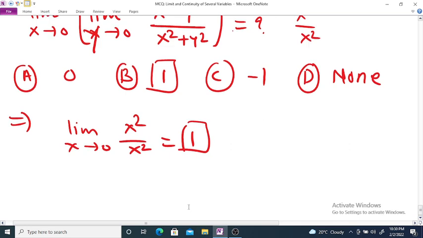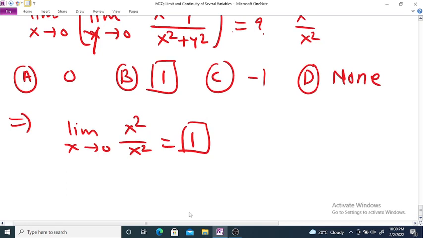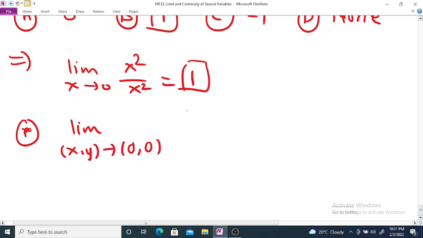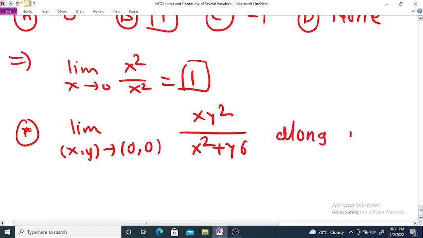Next example: limit (x,y) tends to (0,0) of x y square divided by x square plus y^6 along the path y cube is equal to x.